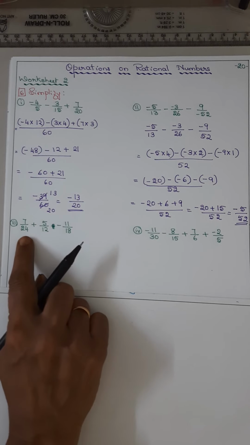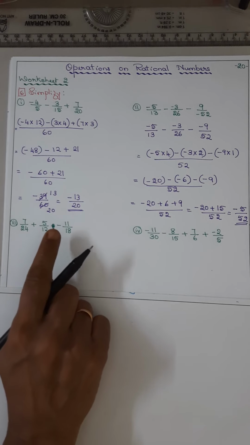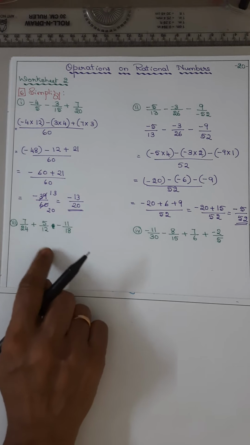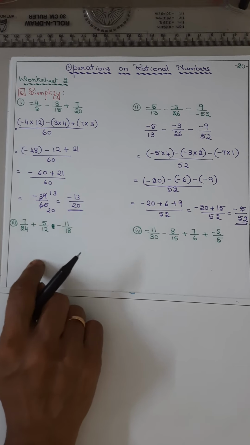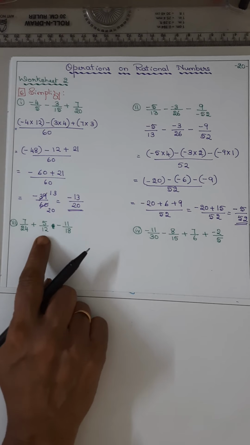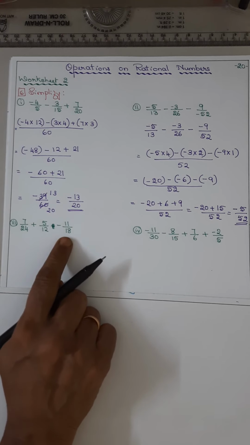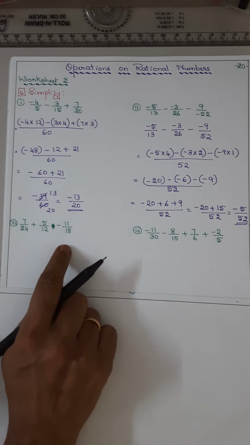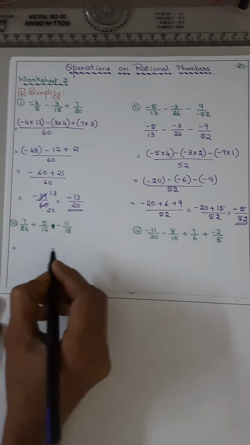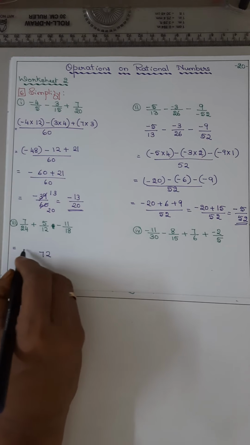Okay, now 24 twos are 48. 48 12 के टेबल में है एंड 18 के टेबल में नहीं है. So directly it will be 72. So if you check, it will be 72.